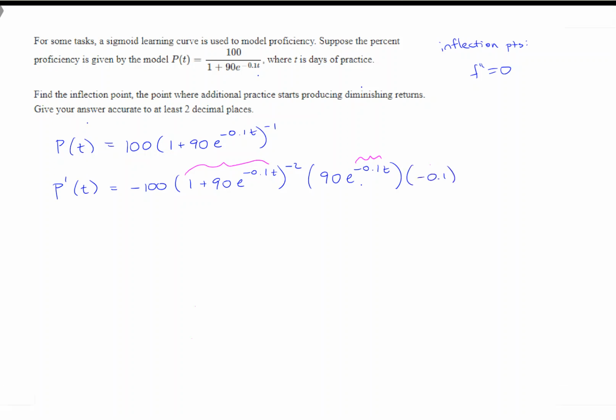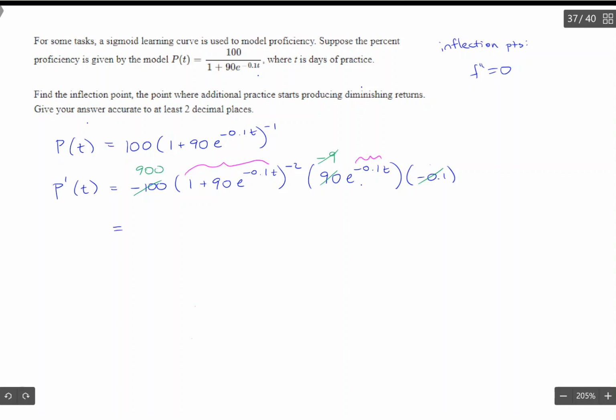All right, now let me work my way back outward and start simplifying, because I'm going to do a second derivative, so I want this thing as simple as possible. Negative 0.1 times 90, you're effectively dividing by 10, so that's going to be negative 9. And then negative 9 times negative 100 is going to be positive 900.